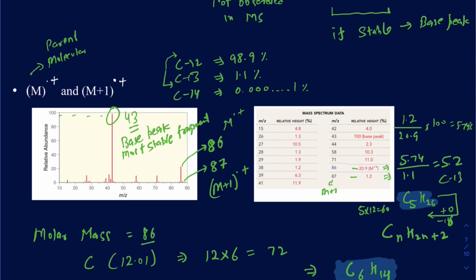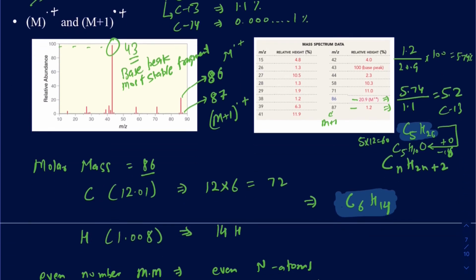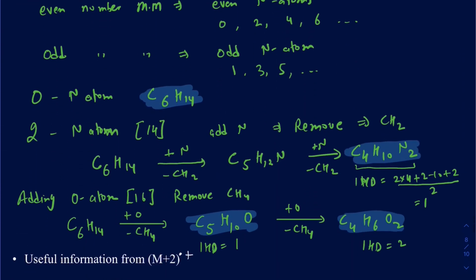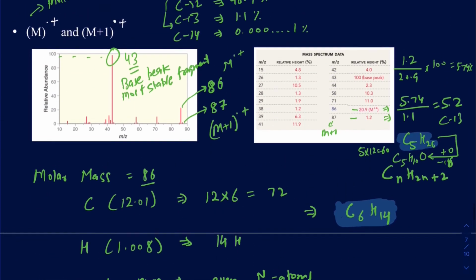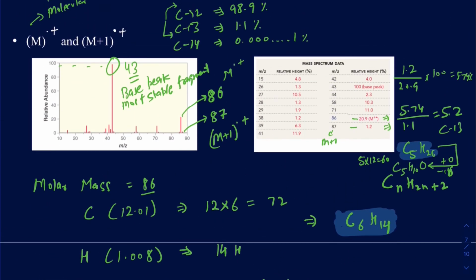Either I can remove 1 carbon and 4 hydrogens, but I see here that I have so many hydrogens that I need to get rid of, so I can probably just get rid of 16 hydrogens. So that's going to make C5H10O. And if you go back down here, we actually did explore that formula before. So that was a possibility there.